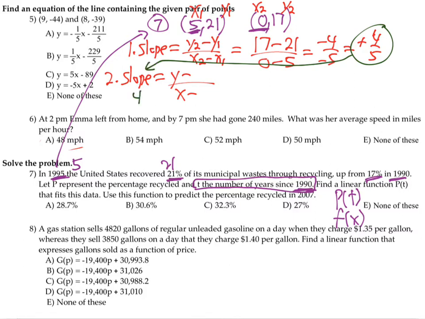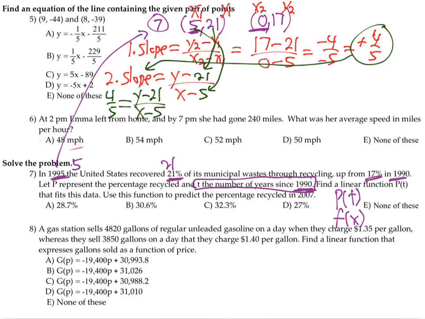So this is 4/5 is y minus 21 over x minus 5. Is that okay? I'm squishing that in kind of tiny. Can you see that okay?